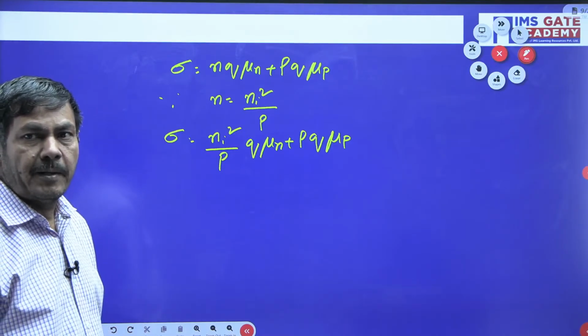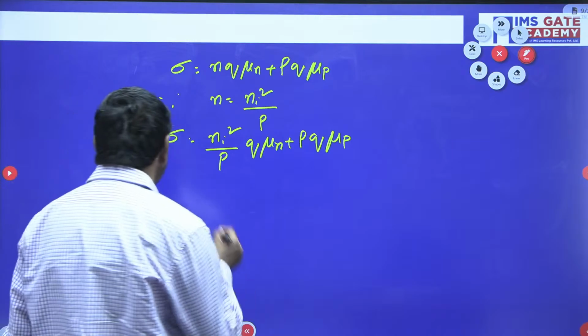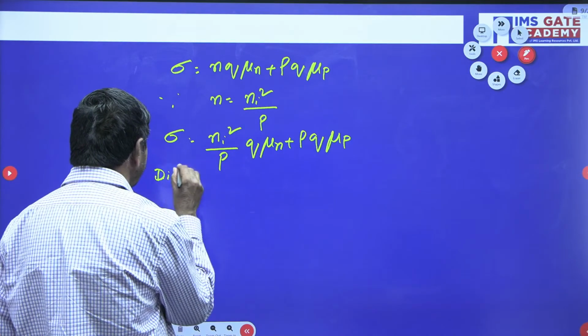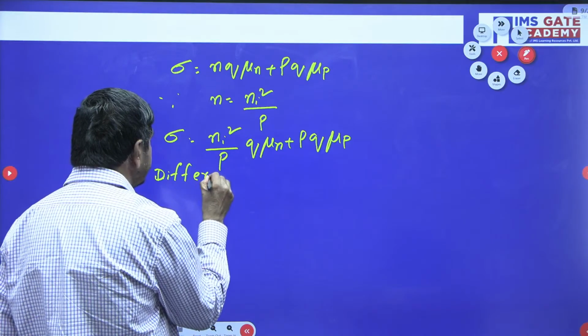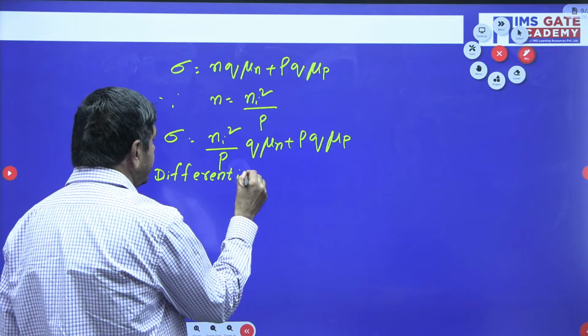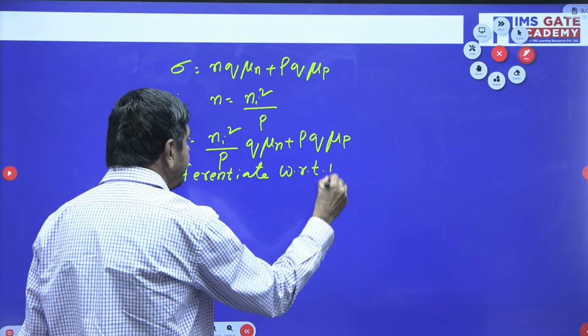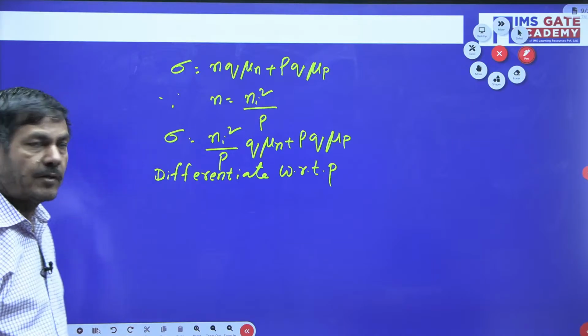But you can apply differentiation according to the maximum and minimum. Derivative of this function equal to 0. Differentiate with respect to p, I say. With respect to p, I want to differentiate.